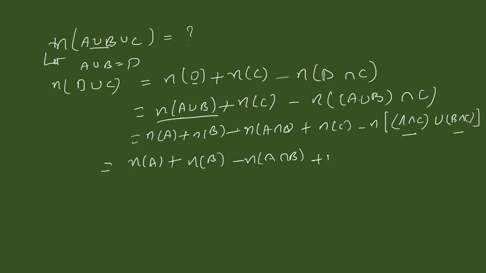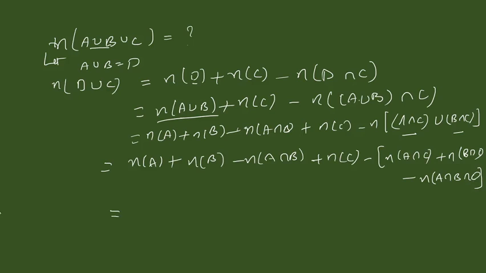The minus is outside. I'm going to apply the formula for this: A intersection B, and the union becomes plus B intersection C. The last one is minus the common. If you take the common of these two sets, I will get A intersection B intersection C.